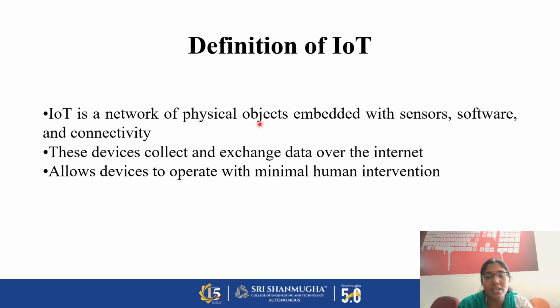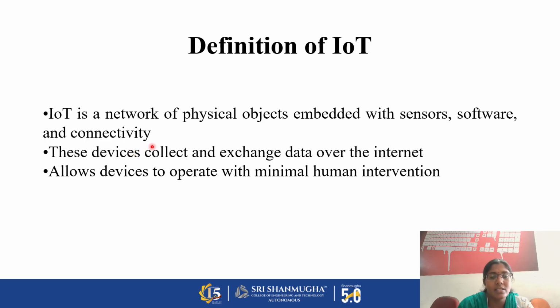After the data is sensed with the sensors, it should be processed, right? That will happen in your software. To connect the sensors, output devices, software, and your controller, you need connectivity, that is internet, right?